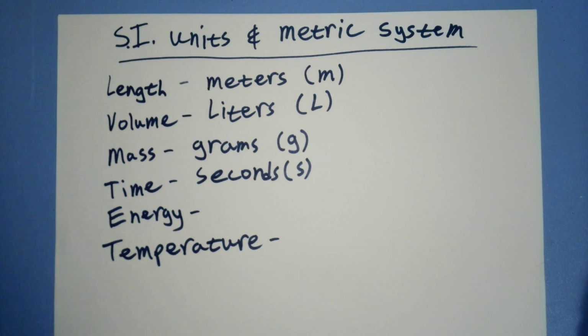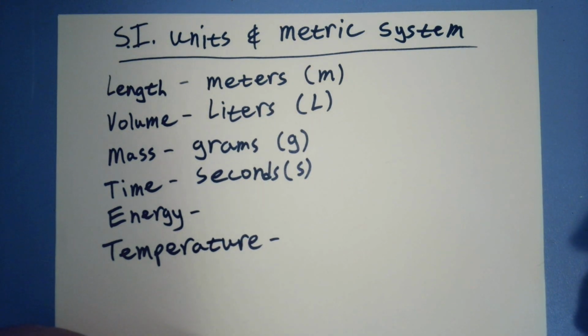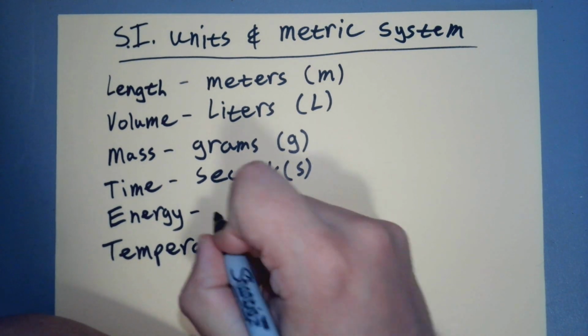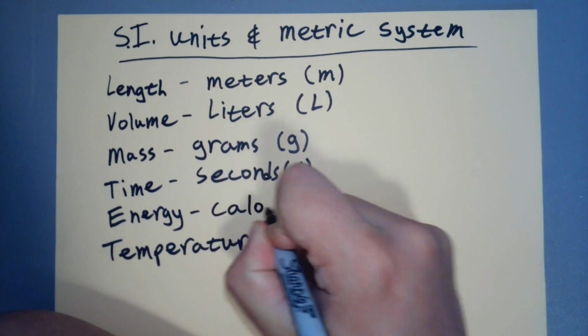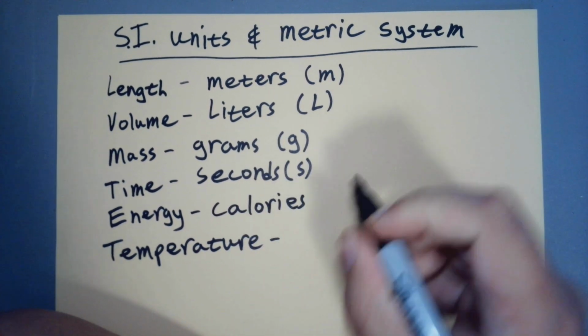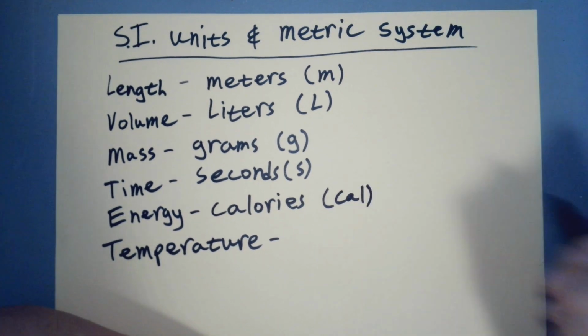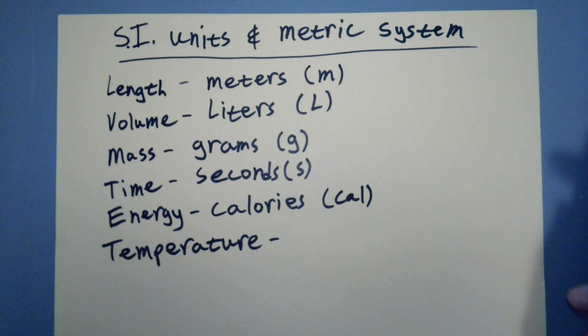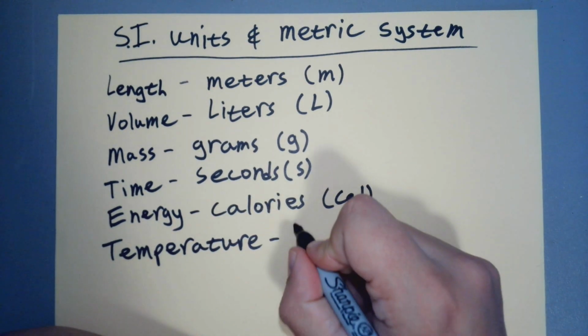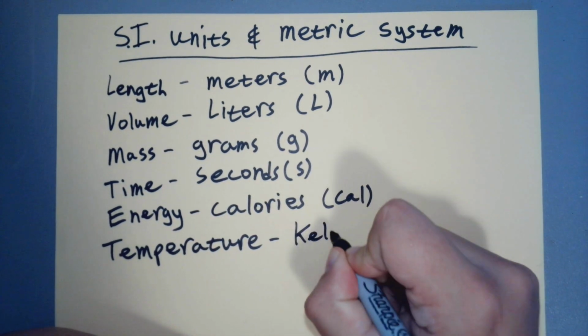You don't want to try to calculate that in seconds. So there's some flexibility in these. The SI unit for energy is calories, but joules do come up from time to time as well. It has weird stuff too, like ergs, whatever those are. We abbreviate that CAL.